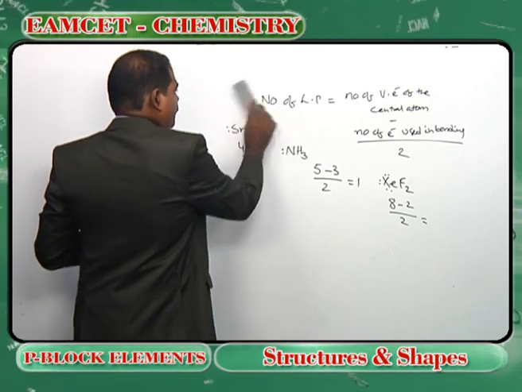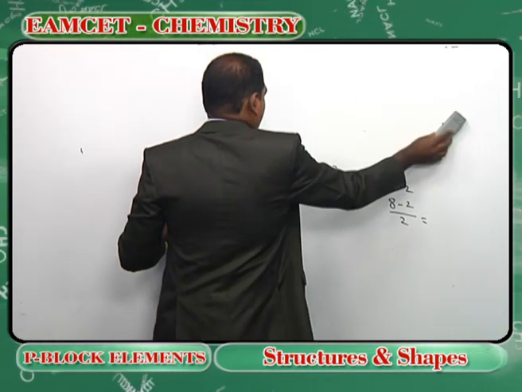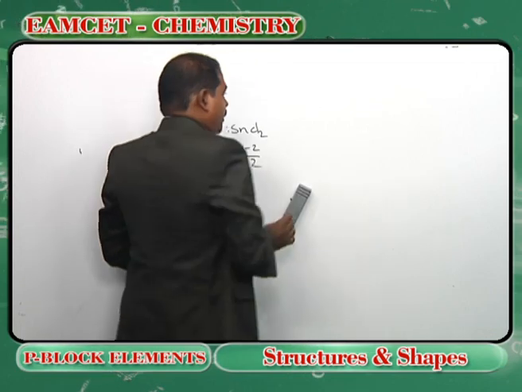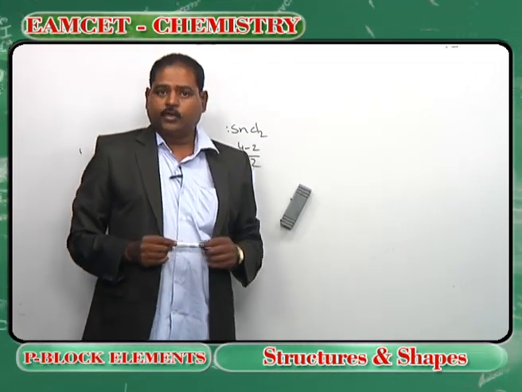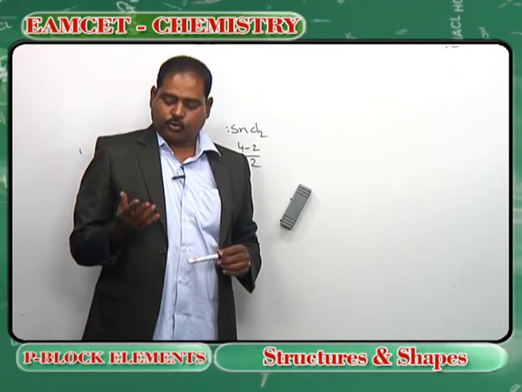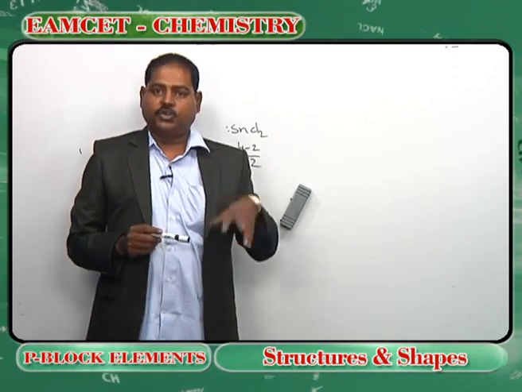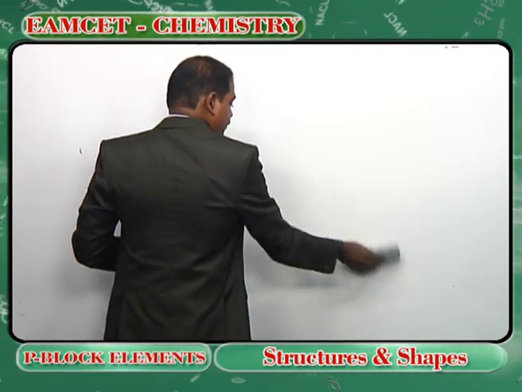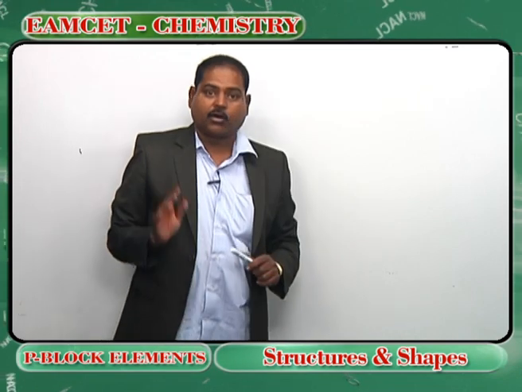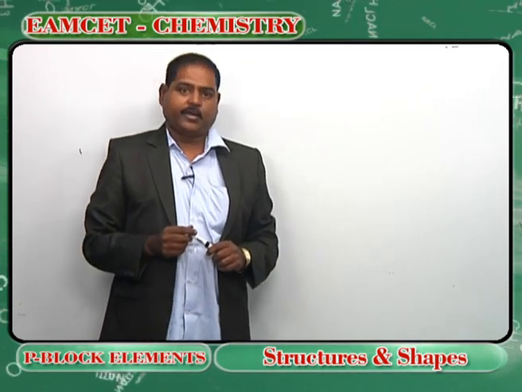So, the number of lone pairs present makes a lot of difference to the properties of a particular molecule. If a molecule has a lone pair, its behavior is totally different from a molecule which doesn't have a lone pair. So, finding the number of lone pairs, and whether a lone pair is present or not, has utmost significance in chemistry.